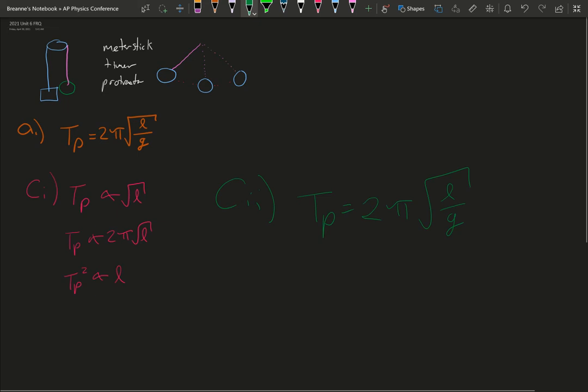So let's get rid of this square root. Now remember, you have to square everything on both sides. So you get T squared equals 4 pi squared L divided by g.